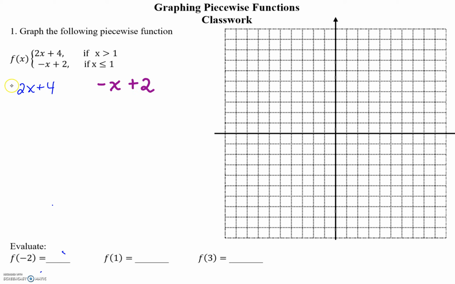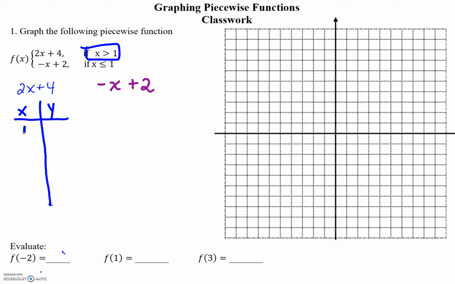And we're only graphing 2x plus 4 when our x values are greater than 1. So we look at the restricted domain here, that x is greater than 1. We're only graphing a piece of that line, and that piece of the line is when our x values are greater than 1. So we need to use that number and include that number in our table.